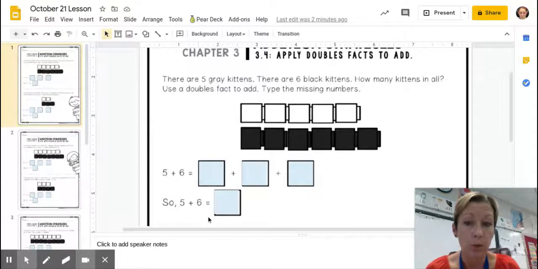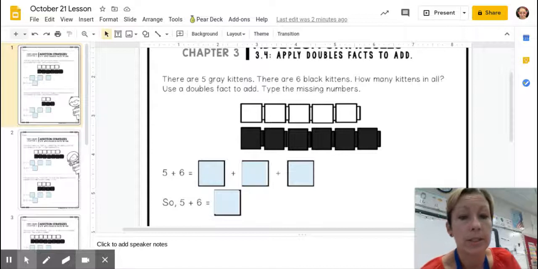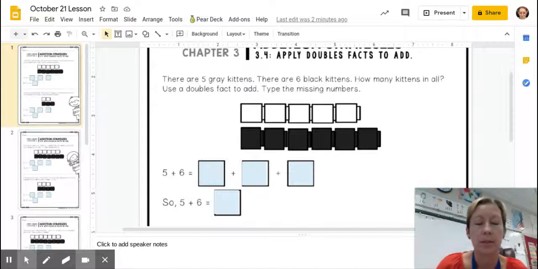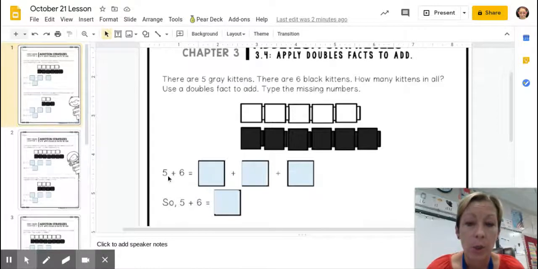But we are wanting to use the doubles to add, okay? So remember how I tell you always double the first number?